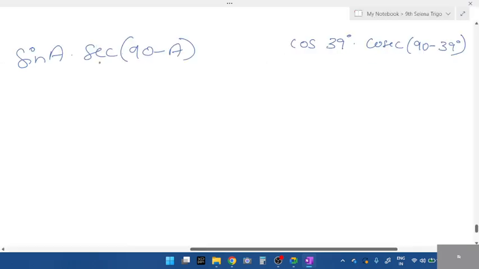This is the question. How will you solve this? First, what you have to apply? First, always go with complementary. Whichever has 90 minus, try to convert that. Keep sine A as it is.